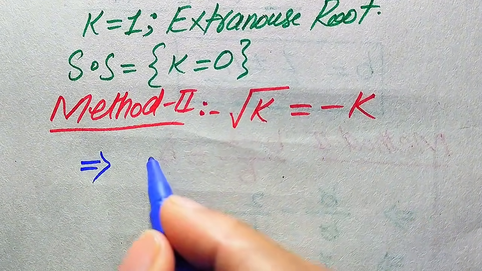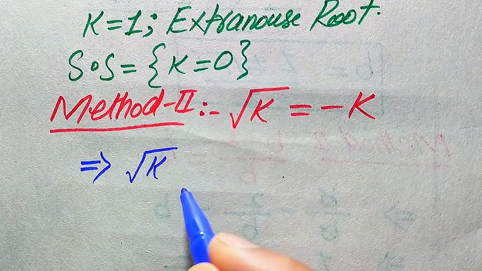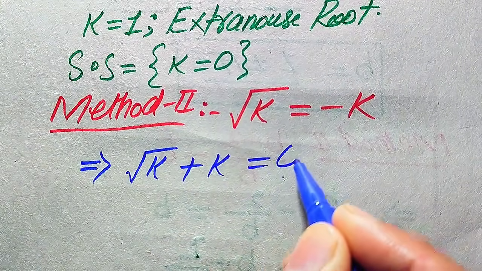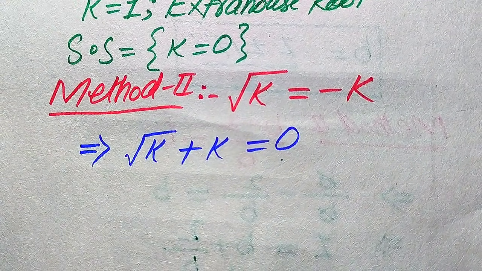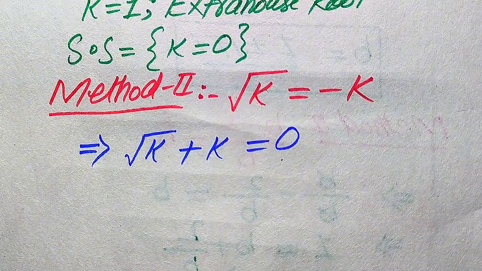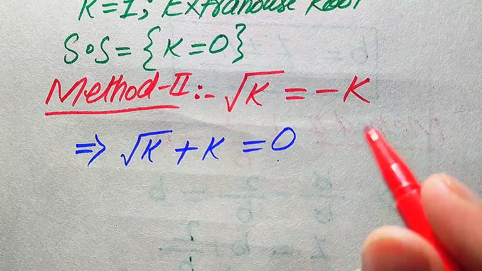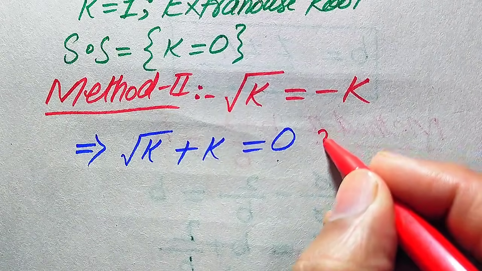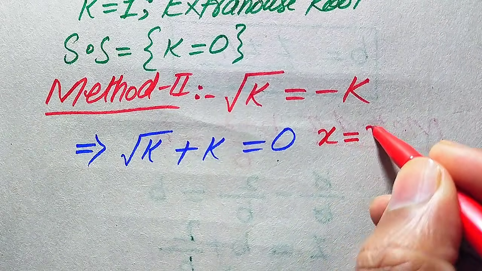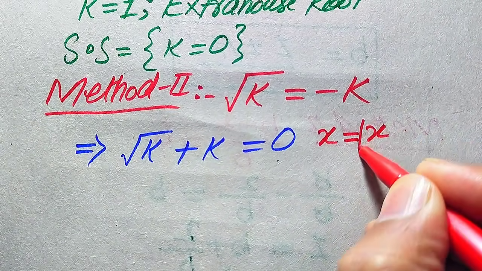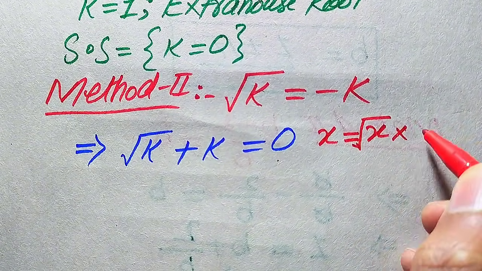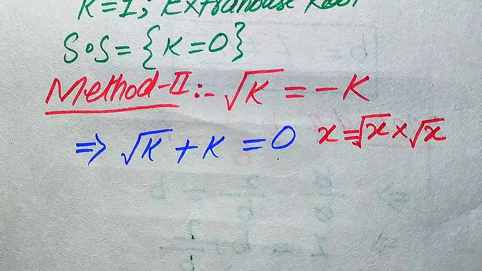Here we move minus k to the left hand side, and it will be written as square root of k plus k equals 0. Here we use this nice rule of radicals. If we have any number x, we write this x in the form of a product of two radicals: x as square root of x multiplied by square root of x.